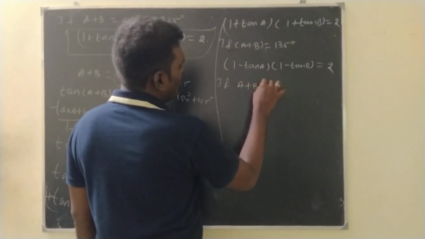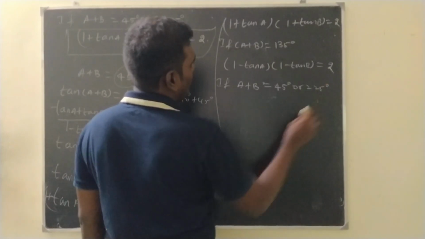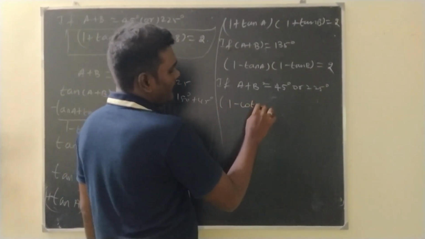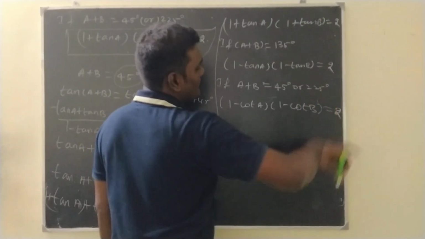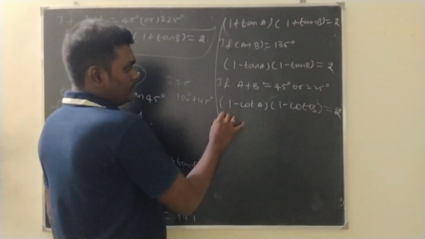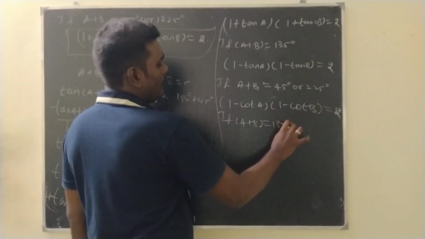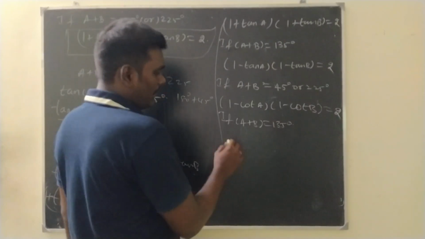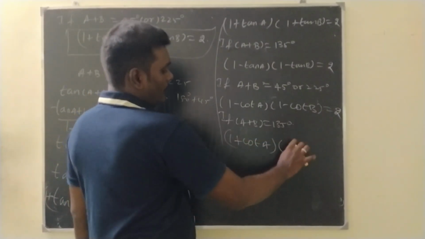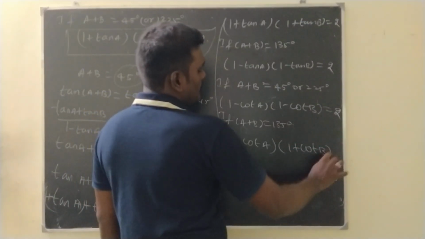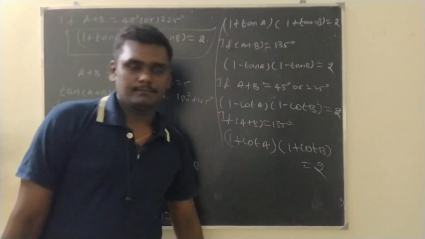If A plus B is 45 degree or 225 degree, we have (1 minus cot A) into (1 minus cot B) equals 2. The other one, if A plus B is 135 degree, we have (1 plus cot A)(1 plus cot B) equals 2. What do you observe from this?